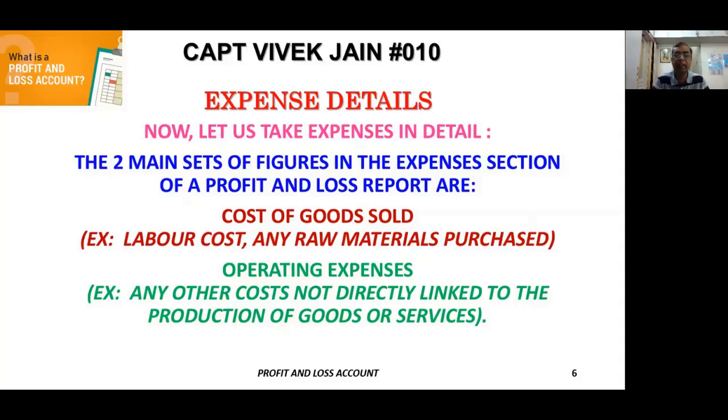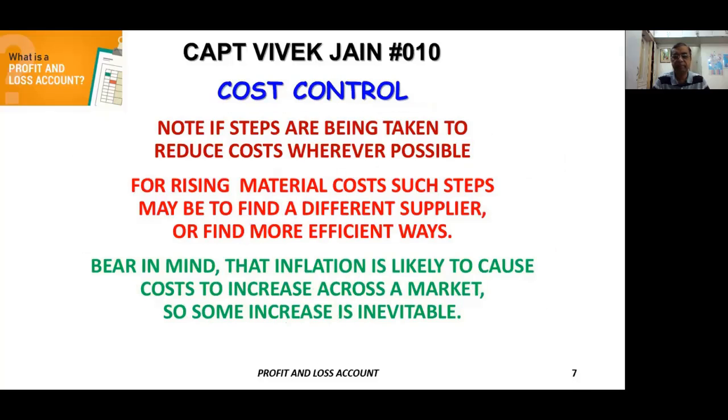Second is operating expenses, any other costs which are not directly linked to the production of goods or services. It can be administrative expenses, power, fuel, or so many other expenses which also are necessary.